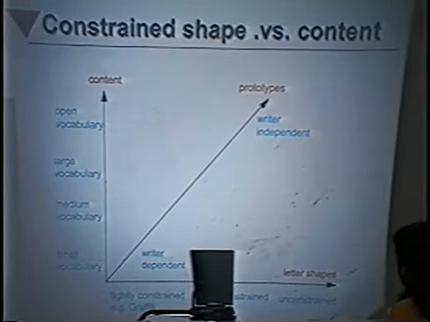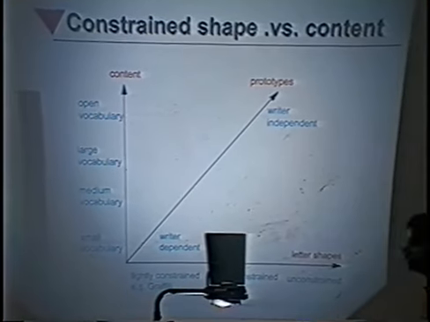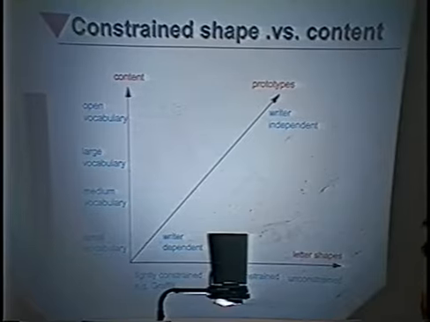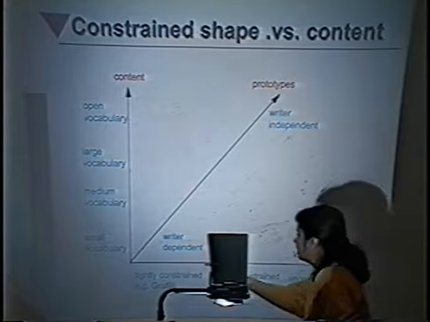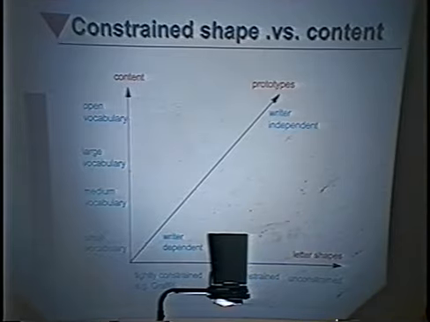We've always traditionally worked in the completely unconstrained, open vocabulary, large vocabulary systems, writer independent versus writer dependent. But Palm was very successful because they had graffiti. It's simple shapes, very tightly constrained, and small vocabulary. And this is where they're able to get a very high degree of recognition accuracy.